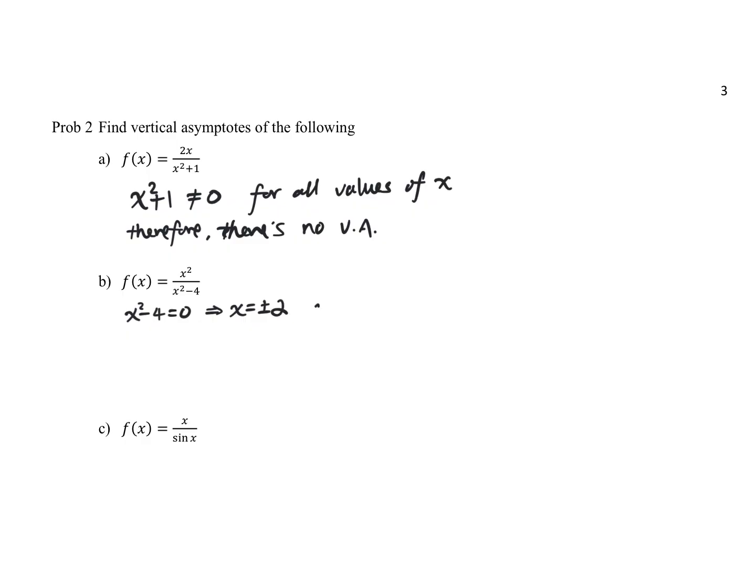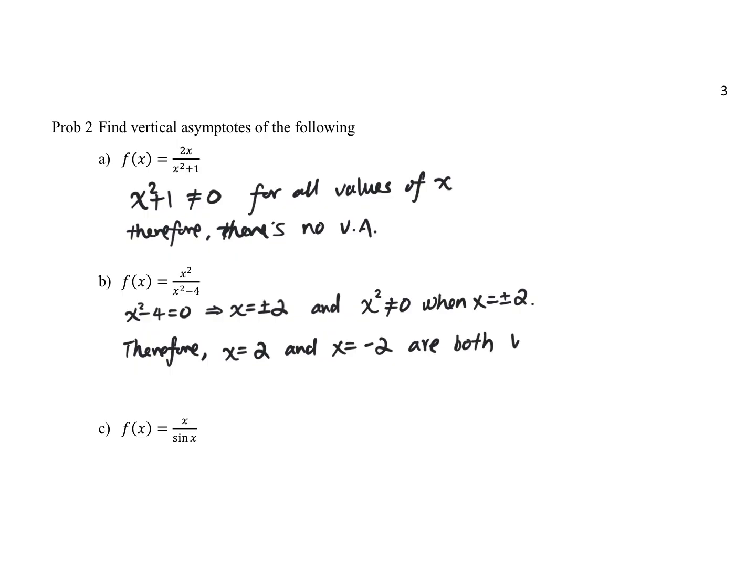And let's make sure that these two values won't make the numerator 0. x squared is not equal to 0 when x is equal to plus or minus 2. And because of that, we can make a conclusion. Therefore, x equals 2 and x equals negative 2 are both vertical asymptotes.